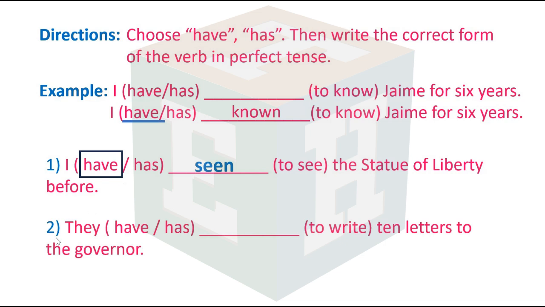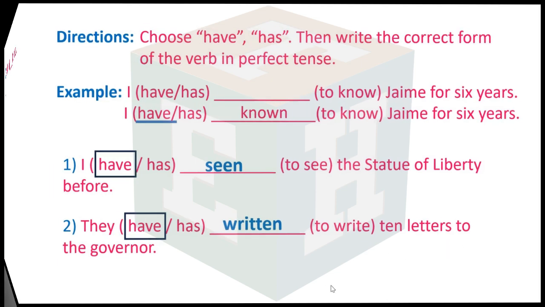Number two, they have, has, blank to write 10 letters to the governor. Answer, they have written 10 letters to the governor.